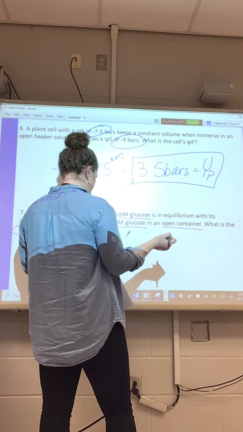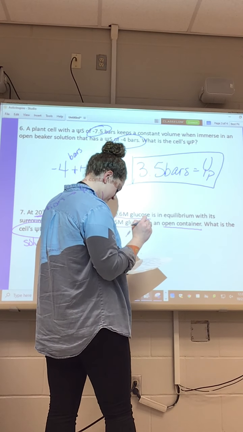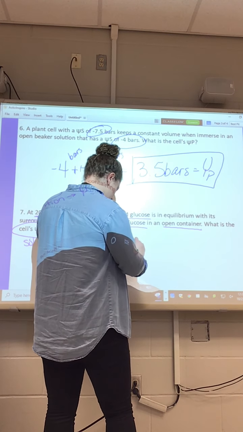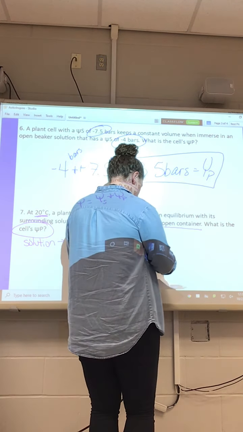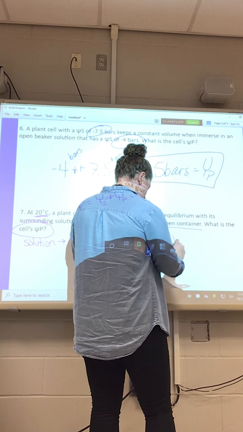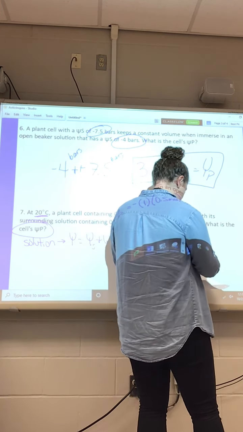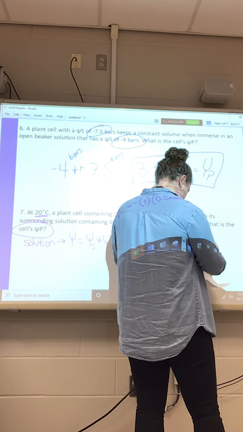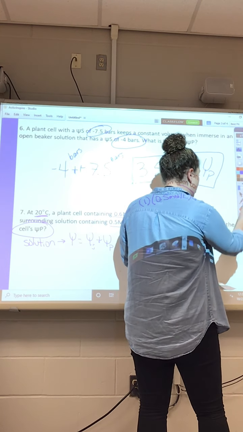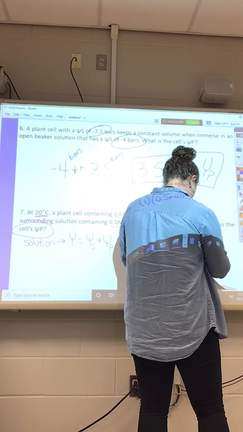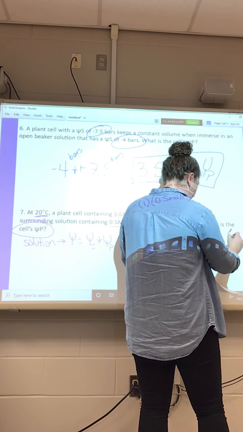So we have negative 1 times 0.5 moles per liter times that constant, Kelvin times 293.